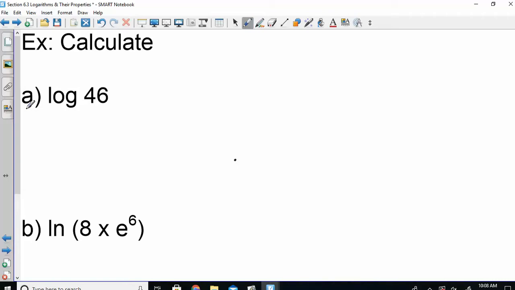So if I just want you to find log of 46, you can type that in your calculator. Everybody make sure you know where those buttons are. So log 46, we should get 1.6628. Everybody get that?